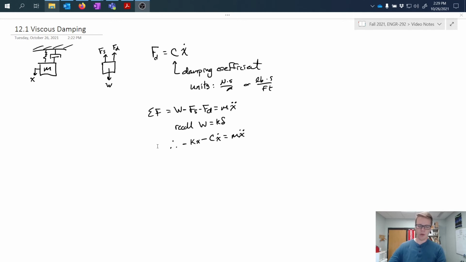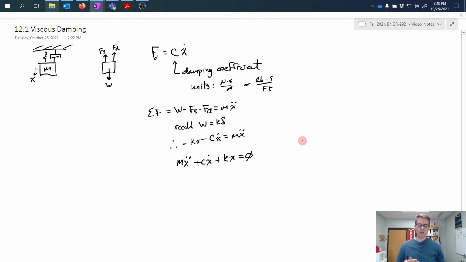If we rearrange this equation, we can write it in the form m x double dot plus c x dot plus kx equals 0. So it looks a lot like our standard form equation for our undamped free vibration, but we've added in this new term c x dot that wasn't in that equation before.